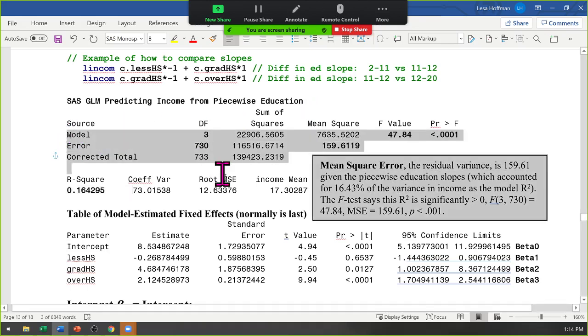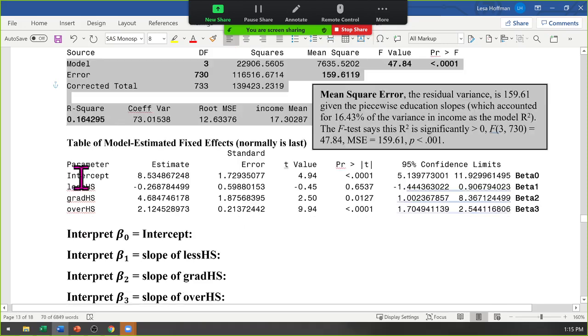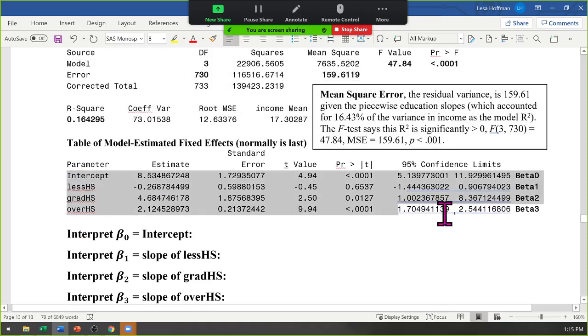So this gives you the global picture of what's going on. Does education predict income? Yes, significantly so. Okay, how does it predict income? Do the patterns of associations correspond to the way that we would think about them?